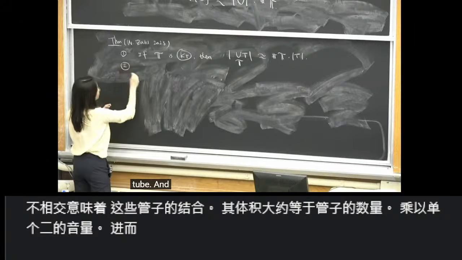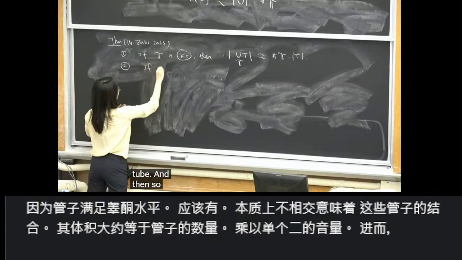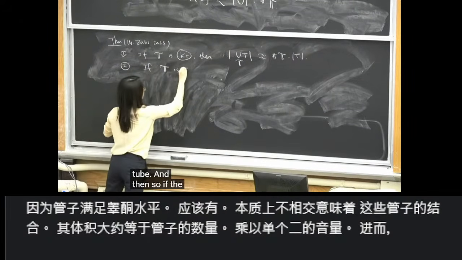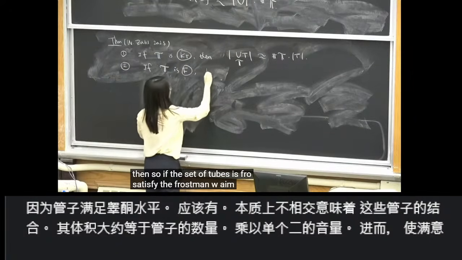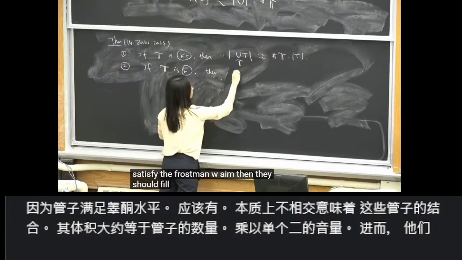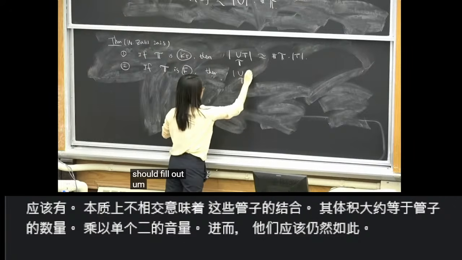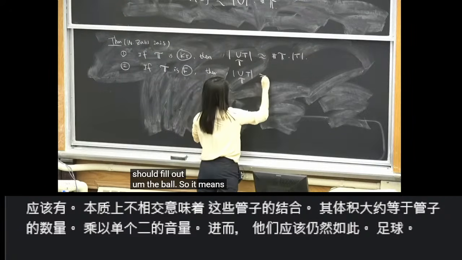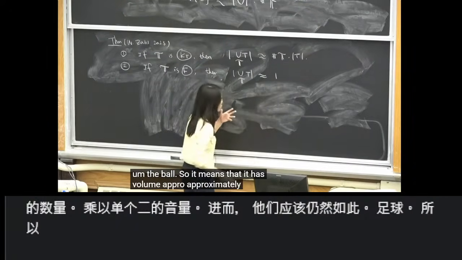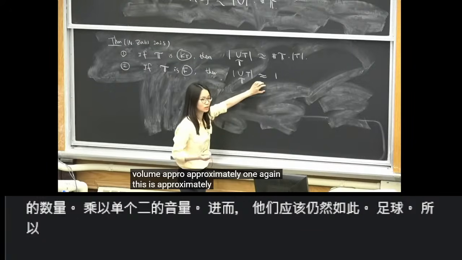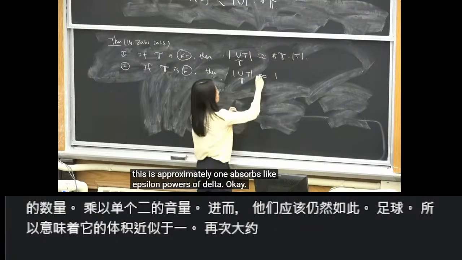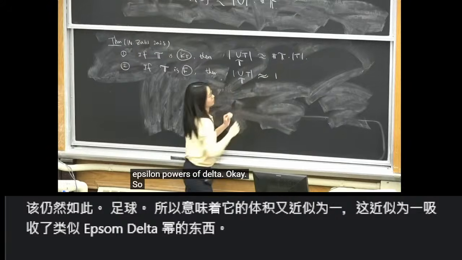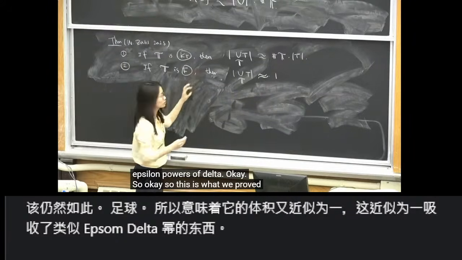And if the set of tubes satisfies the Frostman-Wolff axiom, then they should fill out the ball. So it means that it has volume approximately 1. Again, this approximately 1 absorbs epsilon powers of delta. So this is what we proved.